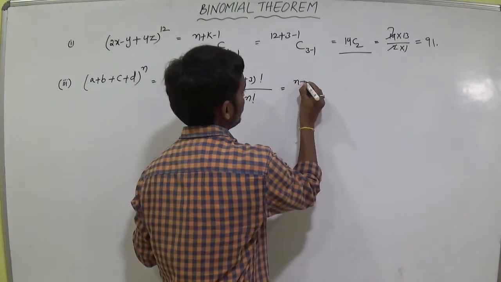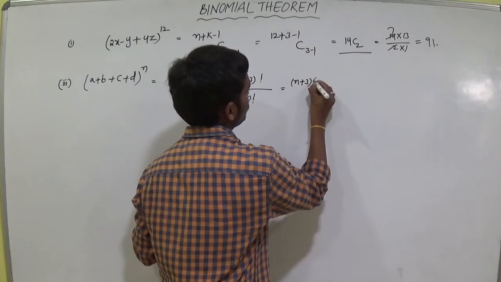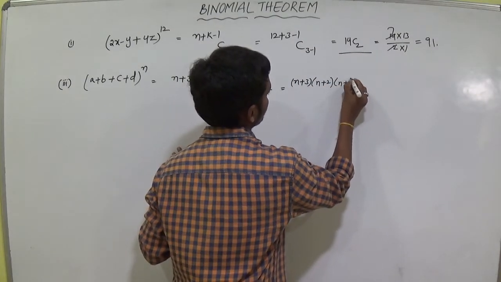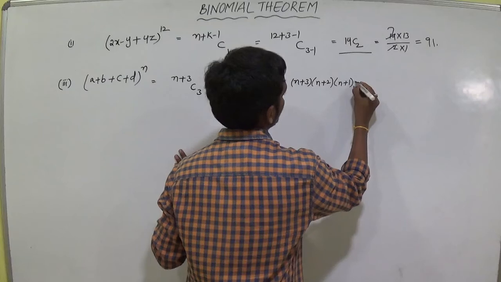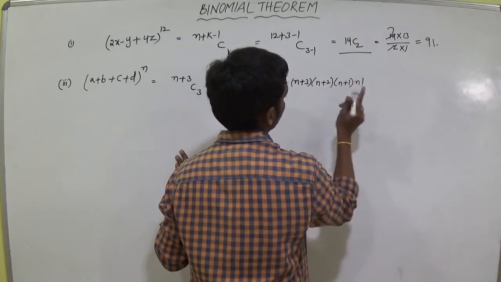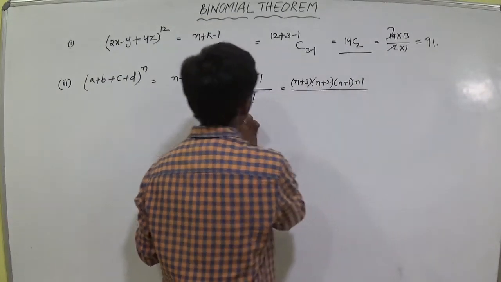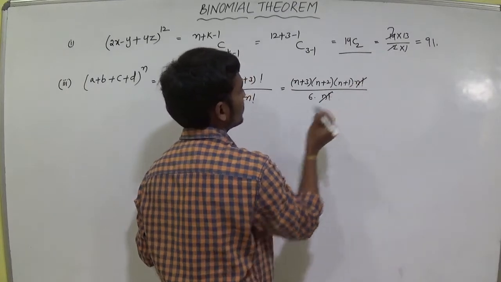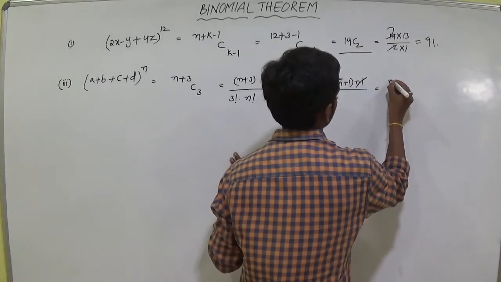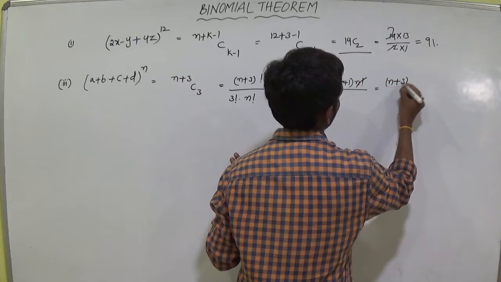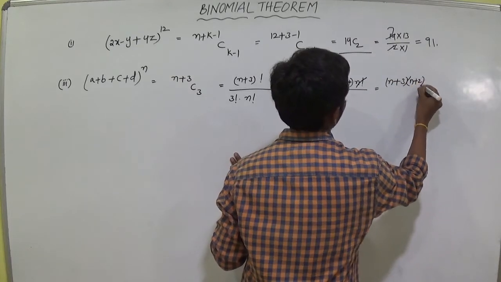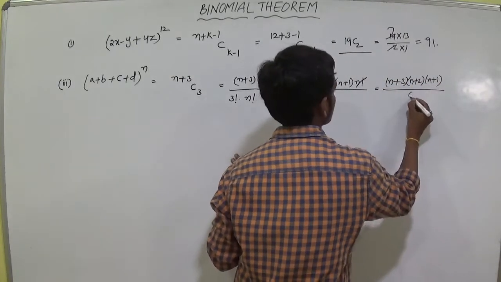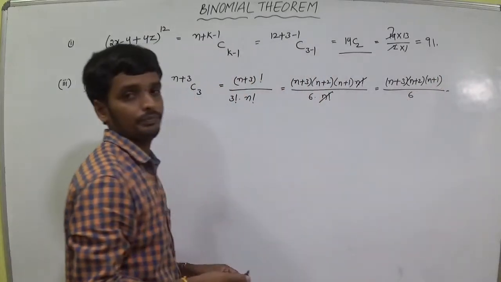That is (n plus 3) into (n plus 2) into (n plus 1) into n factorial by 3 factorial into n factorial. 3 factorial is 6. n factorial cancels. So the answer is (n plus 3)(n plus 2)(n plus 1) by 6.